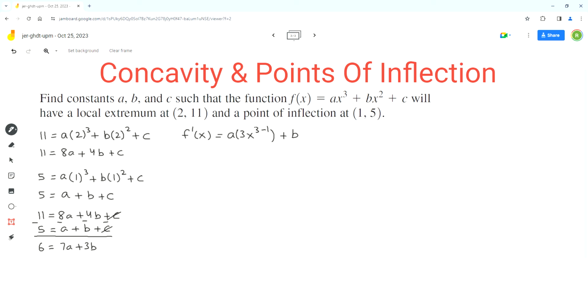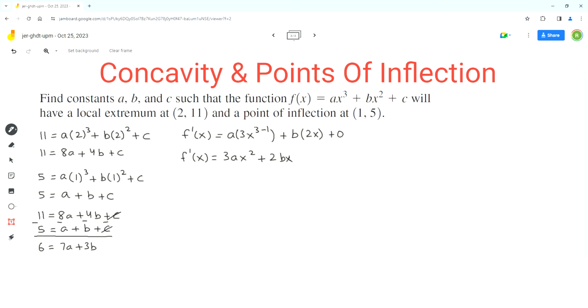And the derivative of x squared is 2x. Now c is a constant, so its derivative is equal to 0. So now we can simplify this expression. So f prime of x equals, in the first term, we do 3 times a, which is 3a x squared, and then plus 2b x. So the 0 goes away.